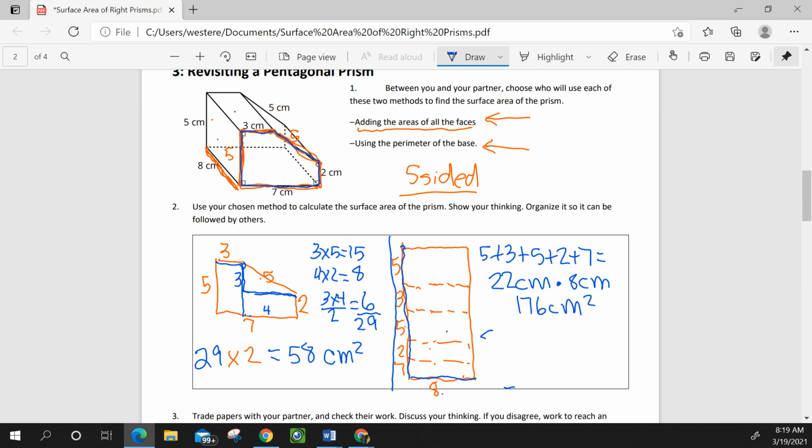So the total area, the surface area, again, is the area of the bases plus the area of the rectangular faces, which you would come up with the exact same thing. Both methods work. Both methods are completely okay to do at any time. It is up to you to figure out what you're comfortable with and what you understand better.